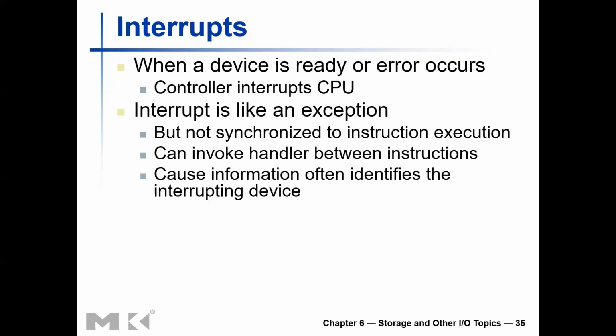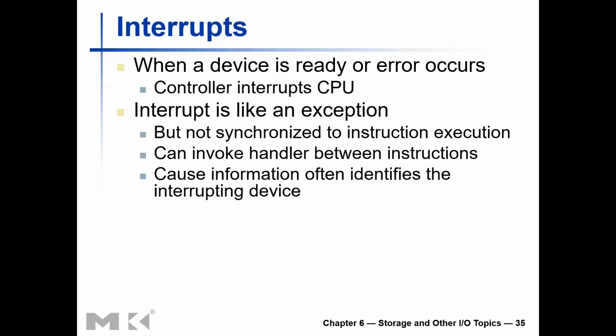The controller will interrupt the CPU. Interrupt is like an exception, but not synchronized to instruction execution. You can invoke the handler between instructions. So if you are running a program, when one instruction has completed execution, you can attend the interrupt from a device, and then you can follow the next instruction in the main program.